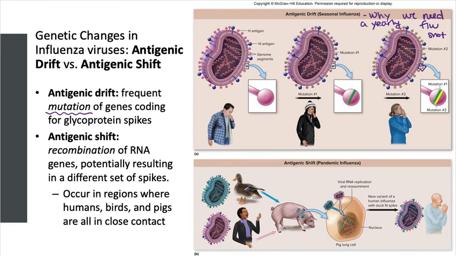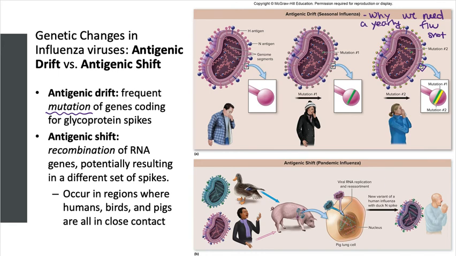So if you have an avian flu virus and a human flu virus, both infecting a pig, inside the cells of that pig, if both viruses infect the same cell, there could be a recombination where both genomes kind of mix together, and we have a new virus that comes out containing genes from both the avian flu and the human flu.